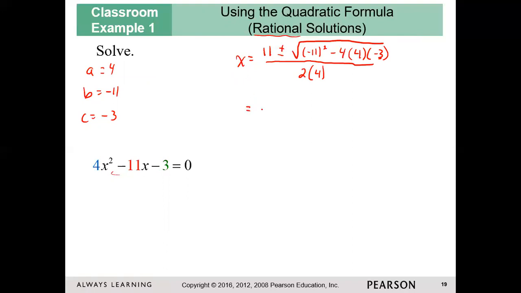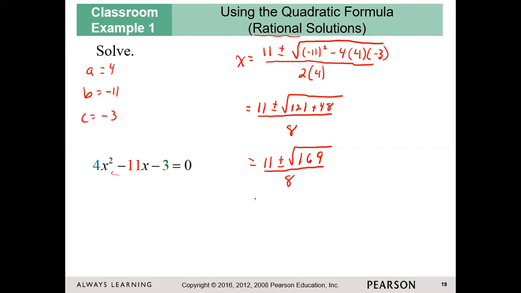So let's do 11 plus or minus the square root of 121 minus, this is going to be negative 16 times negative 3, which is going to be plus 48, over 8. And that will give us 11 plus or minus the square root of 169 over 8.